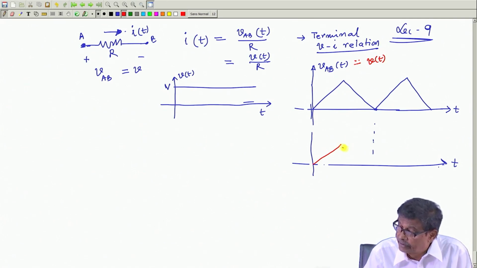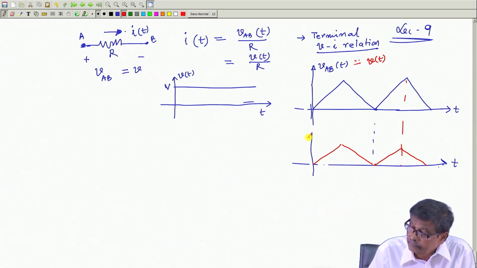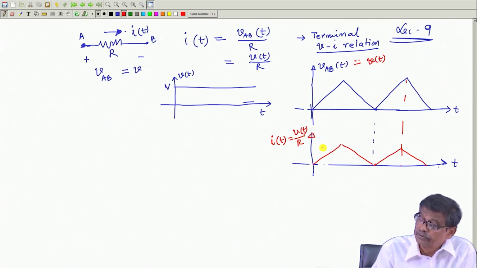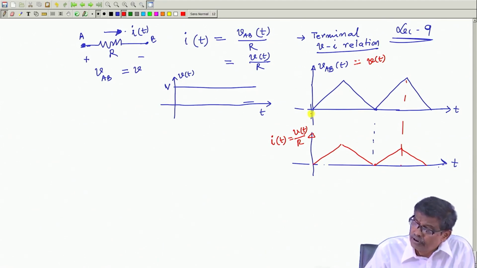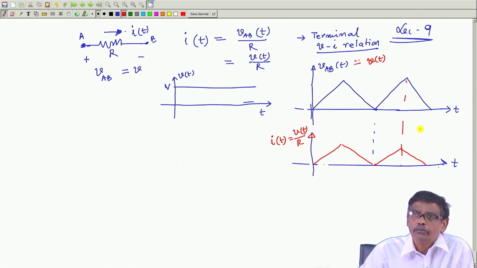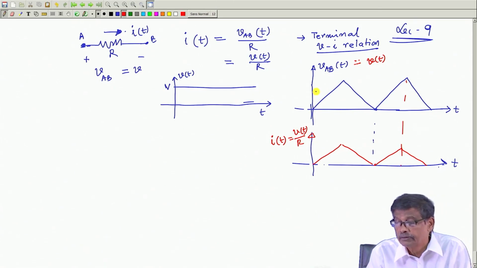The shape of the current will also be like this. This is i(t), and this will be v(t) by R, scaled down by some number. So, this will be the simplest case. If the voltage is of any form, current will also be of the same form, because of 1 by R.